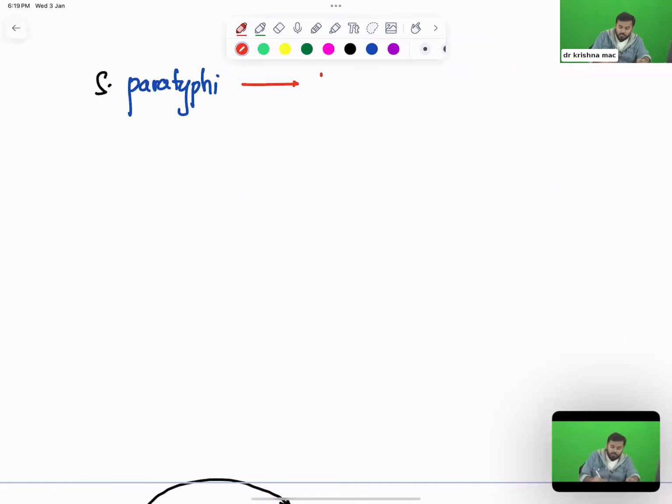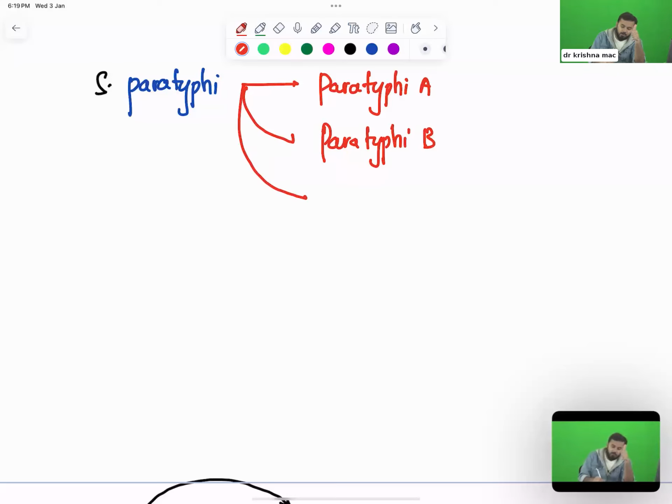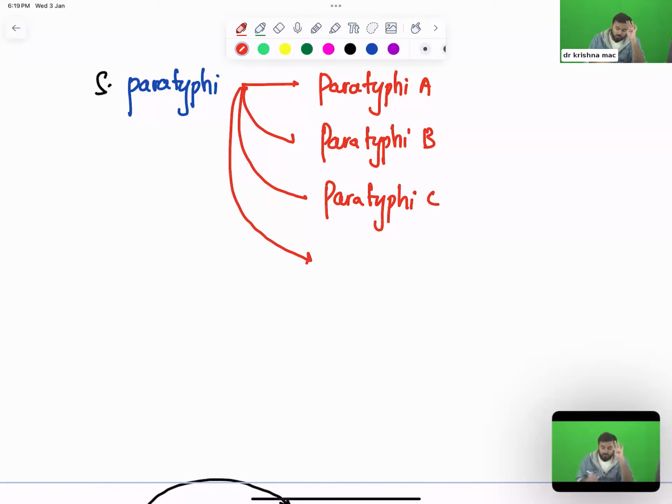First, we have paratyphi A. We have paratyphi B. We have paratyphi C. And there is also a fourth important one called Salmonella choleraesuis. This is another type of paratyphi. So overall, we have four different types of paratyphi.